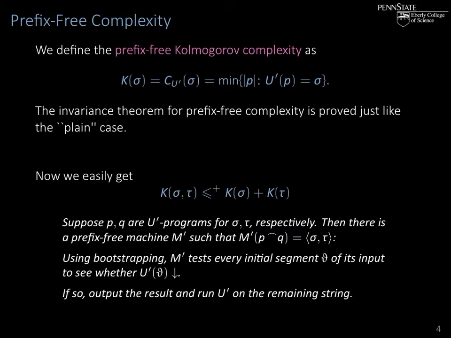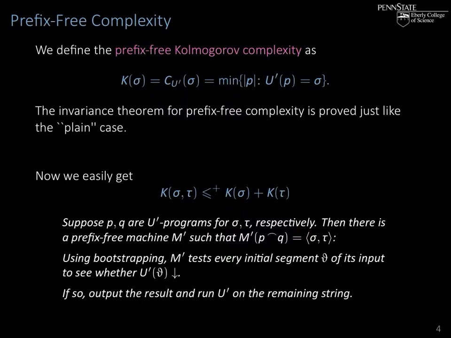And as I already indicated a couple of slides before, we now easily get that this prefix-free complexity is subadditive. That is, the complexity of the pair does not exceed the sum of the complexities of the elements of the pair. We can see this as follows. Suppose P and Q are programs for the universal prefix-free machine for sigma and tau, respectively.